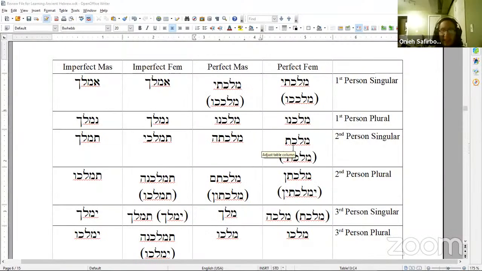But it appears to be the case that the original form had a hey at the end for the masculine.